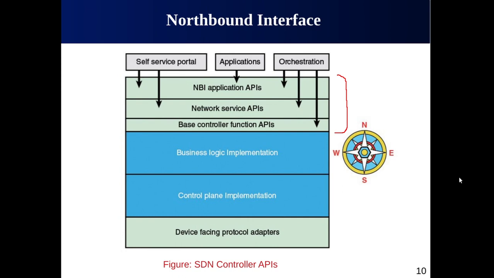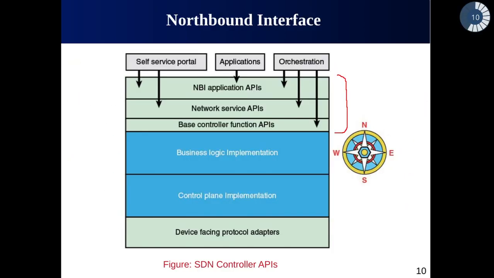You can see this is like a latitude, where some of the APIs are close to the controller while others are far away from the controller but close to the applications. If you are interested in the details, you can go to the NBI working group for details about these different APIs that are organized in the form of a latitude.